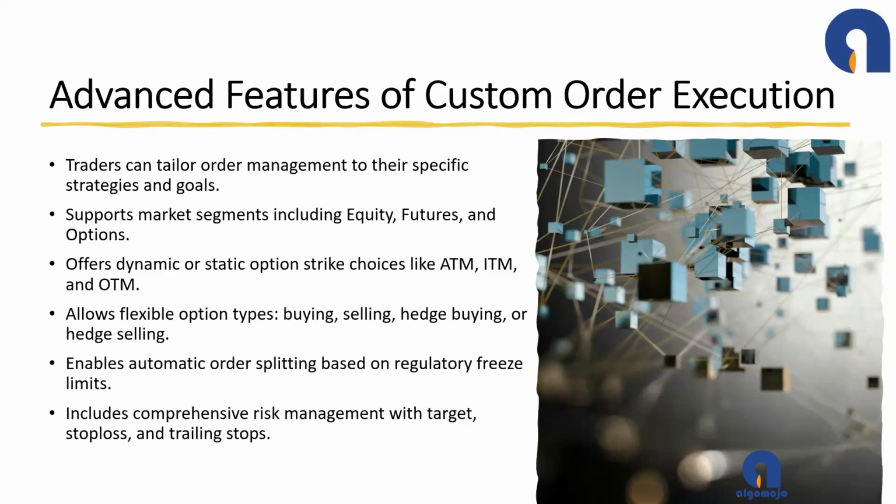Now, for risk management, we offer target settings and stop loss and trailing stop loss. These are possible at an individual stock level or individual symbol level. As of now, the portfolio level or all open position level target setting, stop loss or trailing stop loss are currently not available.